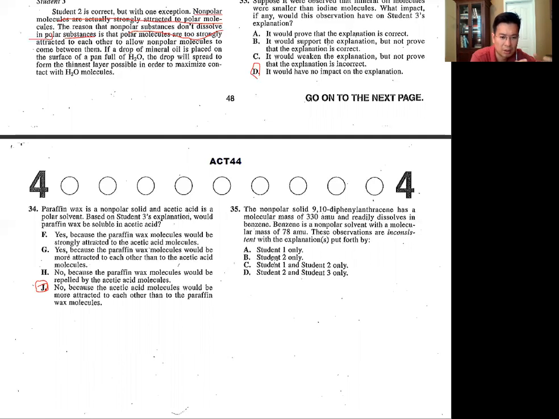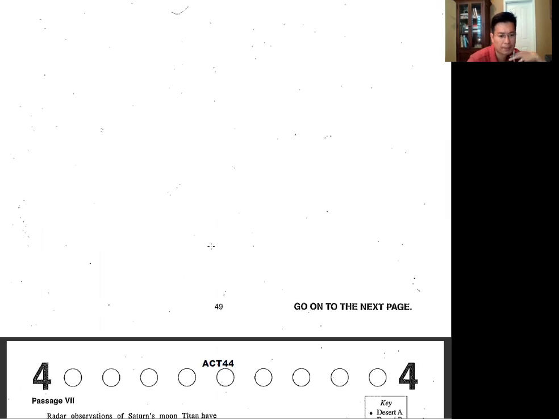But then non-polar with non-polar dissolves. It attracts, it's dissolved. That's fine. So only in A, student 1, the size matters, and non-polar and non-polar attract each other. That's fine, so it's dissolvable. So it's A only.